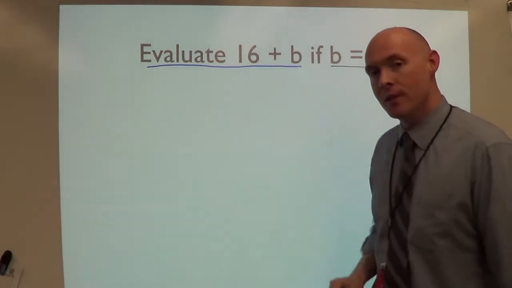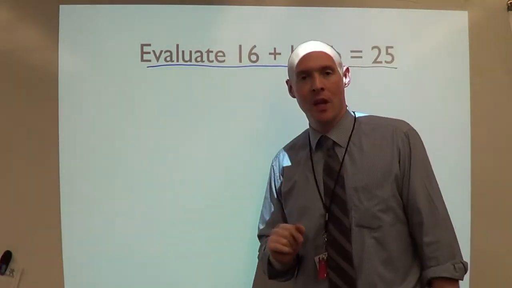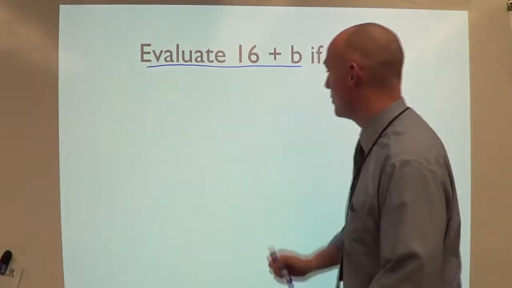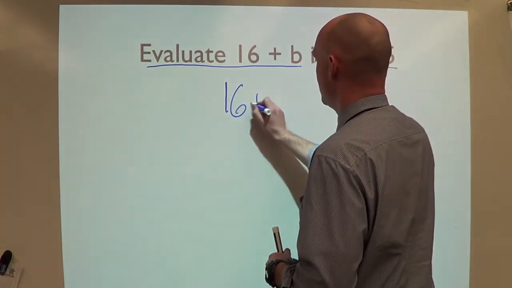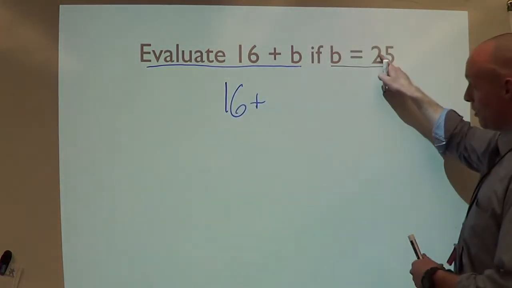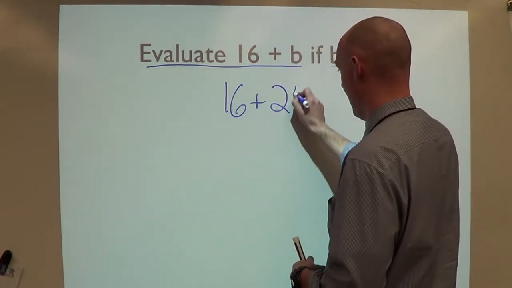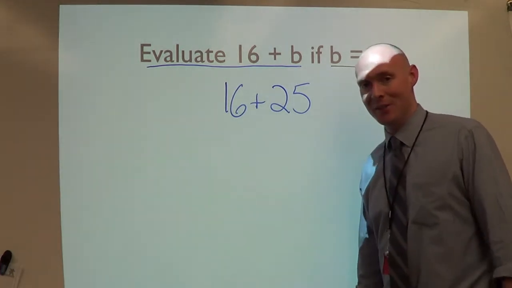So what you have to do is anytime you see a b in the equation, you have to substitute it with 25. So in this case, it would be 16 plus b, but b equals 25. So it's 16 plus 25. Looks a little bit easier to solve, right?